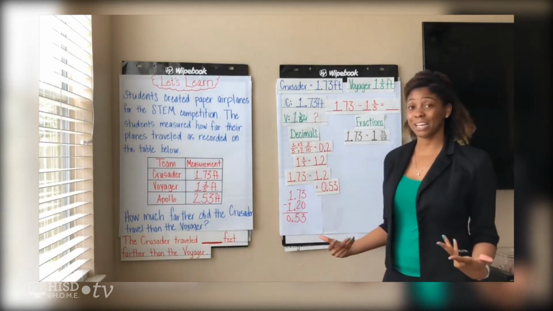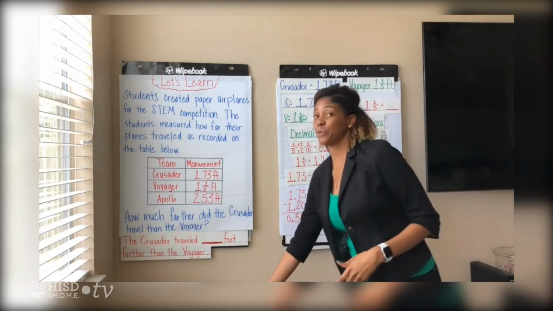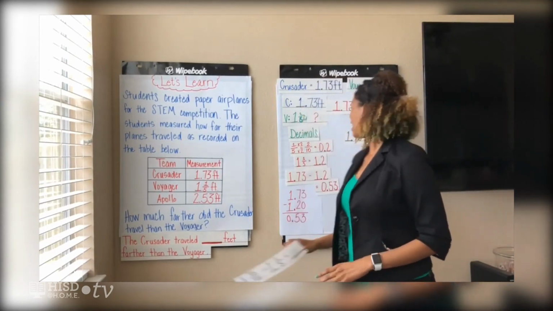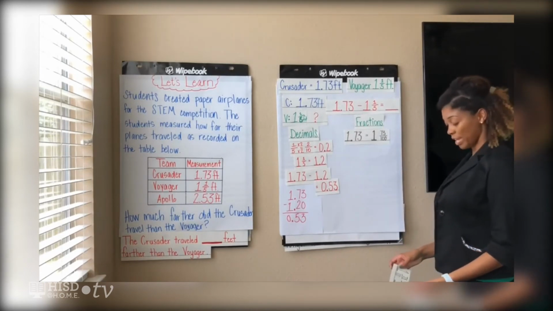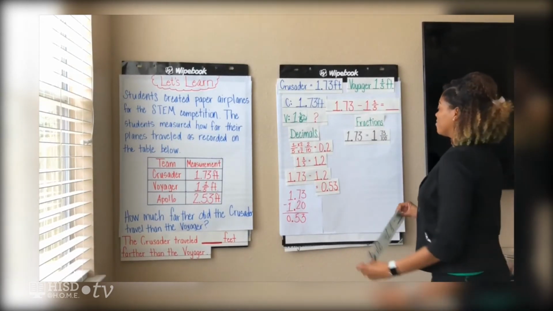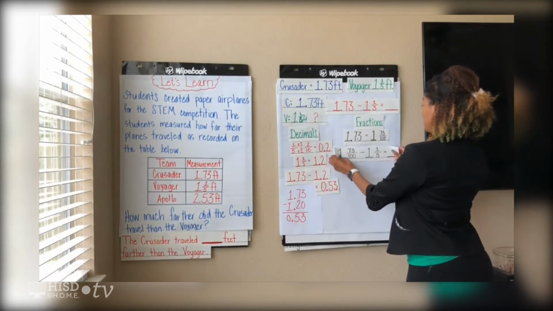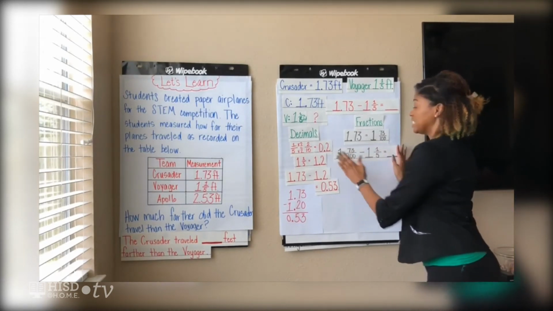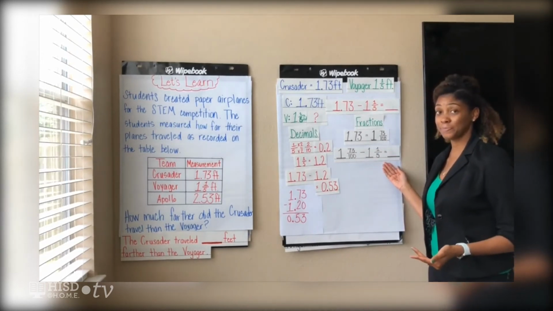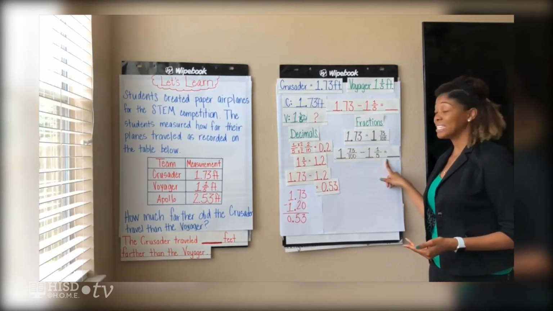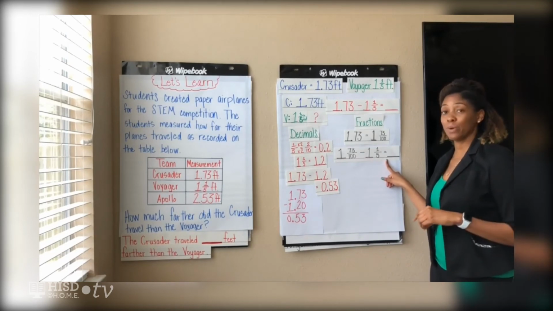So now we're ready for the next part. I can rewrite my actual equation. When I rewrite the equation, I have 1 73/100 subtract 1 1/5. It's a new problem, written differently, but it's the same problem.